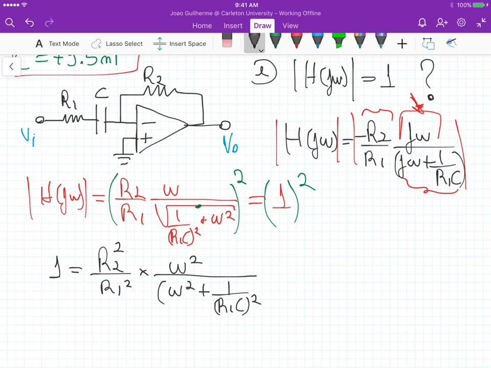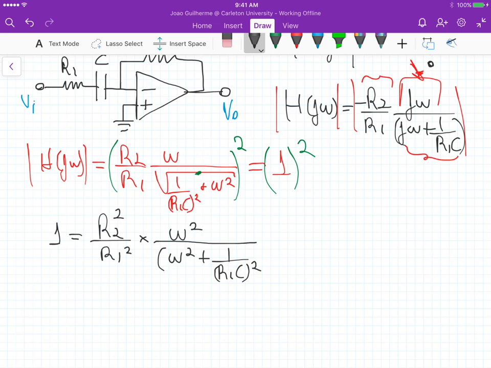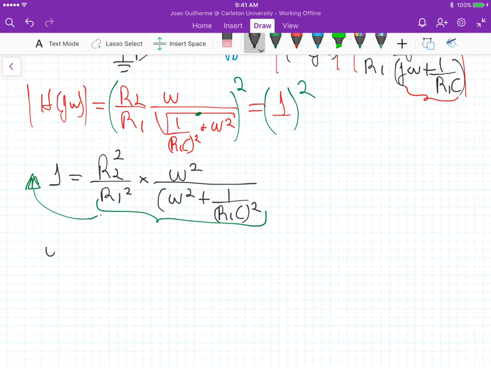Okay, now if we isolate ω naught from these equations here, right, so if we take this denominator here and put it on the right hand side, basically expanding, we get that ω squared R1 squared plus R1 squared divided by R1 squared C squared should be equal to R2 squared ω squared.